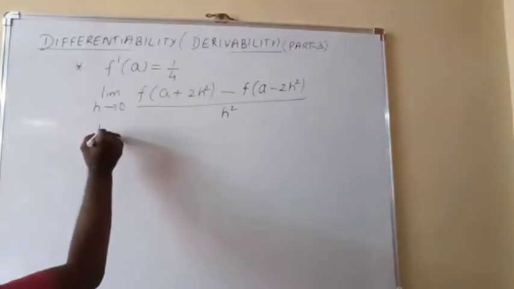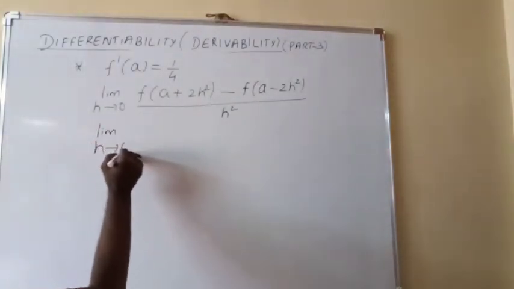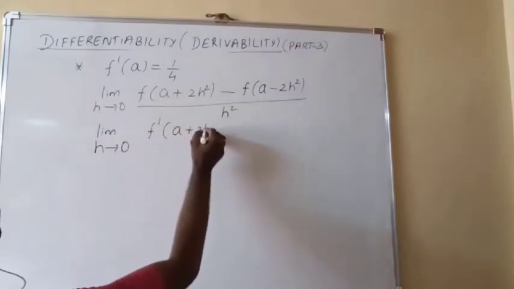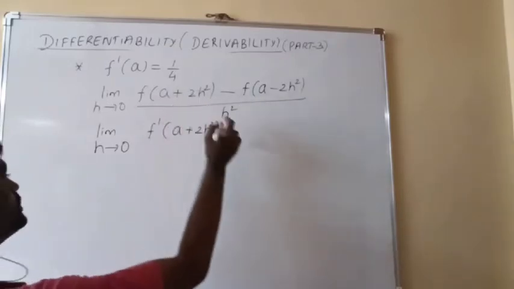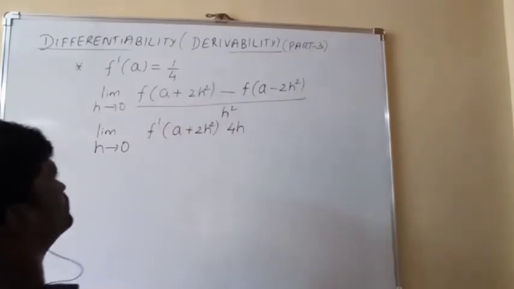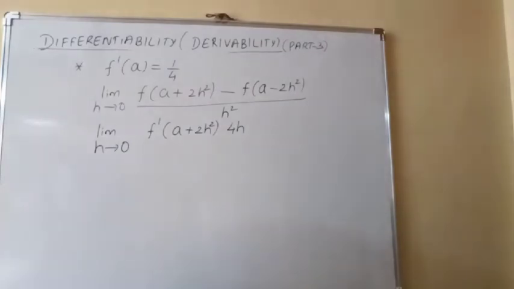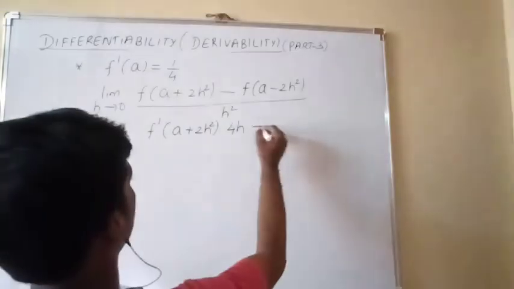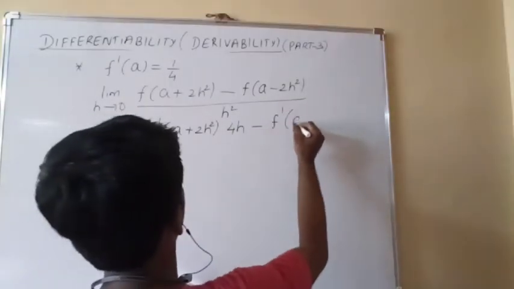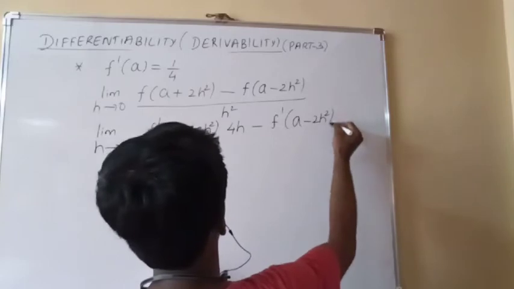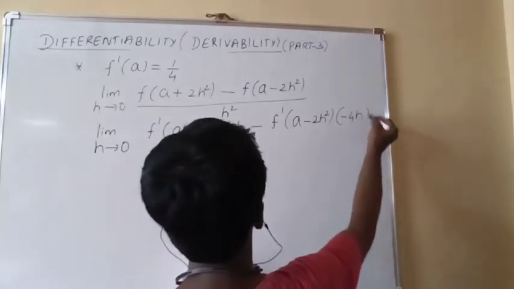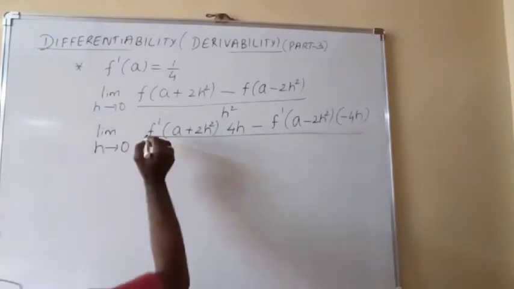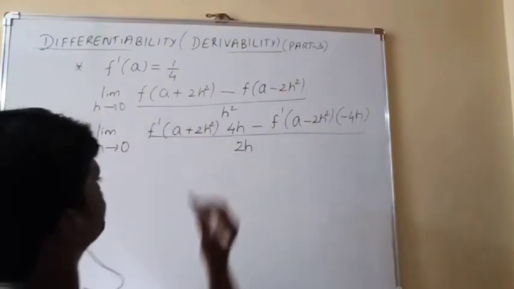Limit h tends to 0, f dash of a plus 2h square into the derivative of a plus 2h square, which is 4h, because a is constant and its derivative is 0, and the derivative of 2h square with respect to h is 4h, minus f dash of a minus 2h square into the derivative of a minus 2h square, which is minus 4h, divided by 2h.